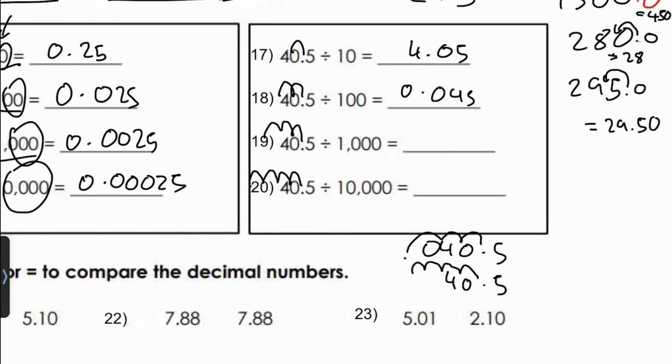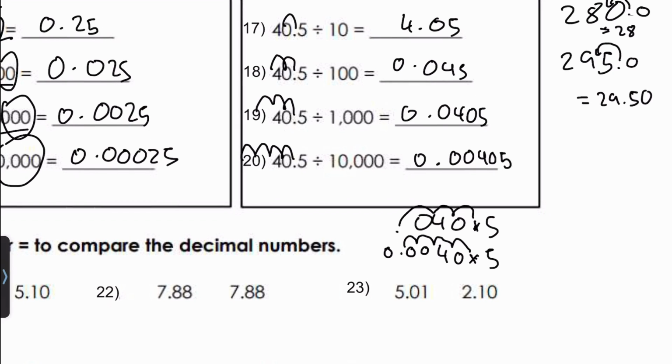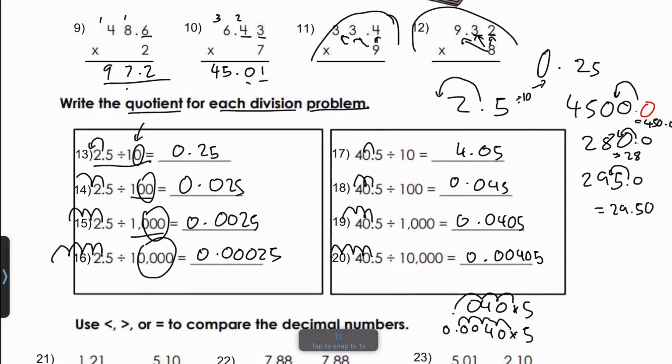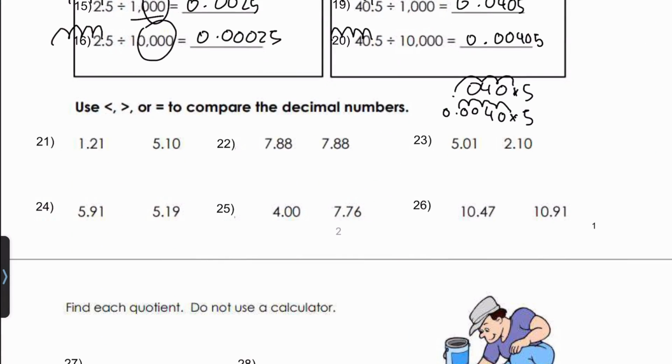Again, fill in the zeros. You see the loops? Fill in the zeros. One more 0. There you go. 0.00405. I think you all got this right. We're going to move on.